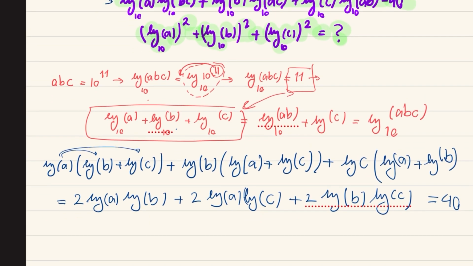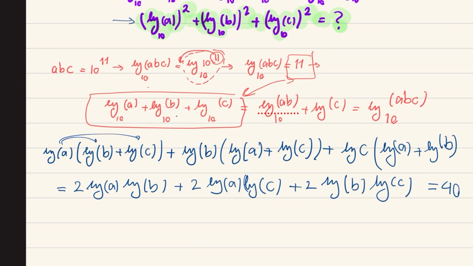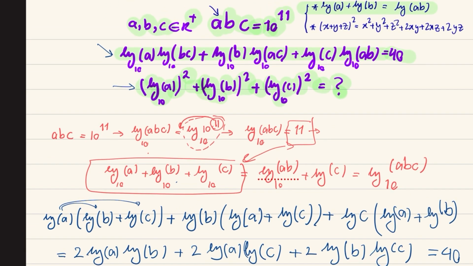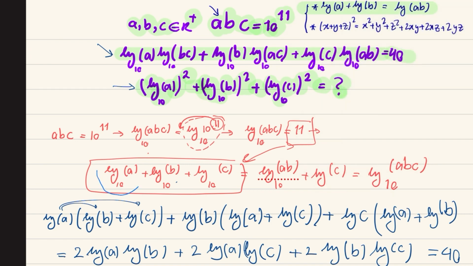So let's scroll down a little bit. We have the final term that you see here, and in order to obtain the value of this, we will use this technique. As you can see here, we have an expression here. If we assume that this is equal to x, this is equal to y, and this is equal to z.